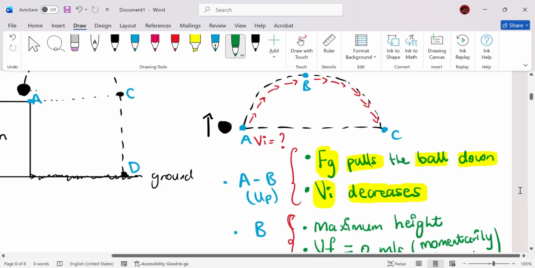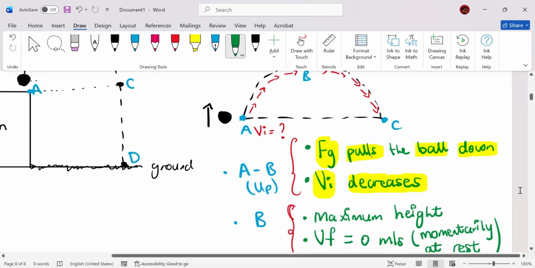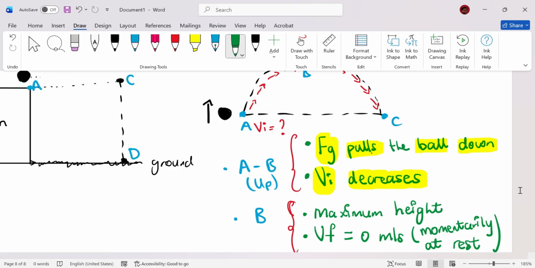So as the ball goes up, it is resisting the pull of gravity. And immediately at point B, the velocity of the ball becomes zero. Why? Because the ball can no longer resist the pull of gravity. And it gets to a point where it will just give up and just respect whatever gravity wants it to do.